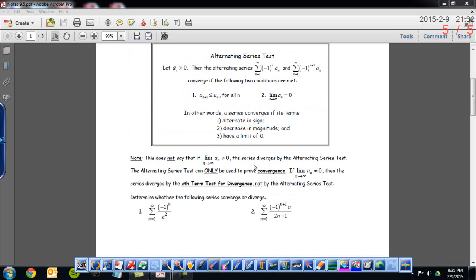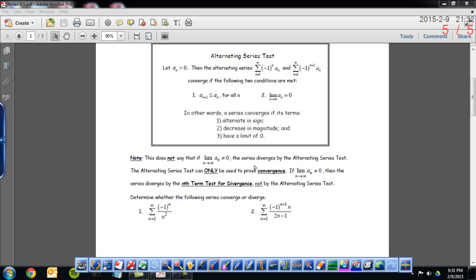Okay, now I do need to point out that the alternating series test does not say that if your limit as n approaches infinity of a sub n does not equal 0, then the series diverges by the alternating series test. The alternating series test can only be used to prove convergence. It's kind of like the nth term test can only be used to prove divergence.